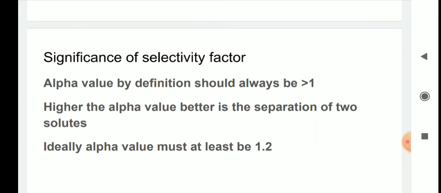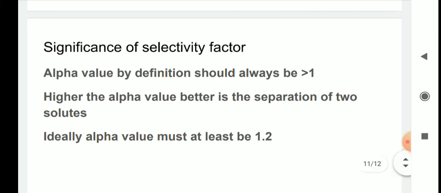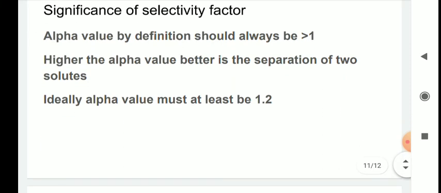So we have covered the rate of migration: the selectivity factor, the retention factor and the retention time. All these three terms pertain to the rate of migrations. So you have to see that the rates of migration of different components are different for a good separation.